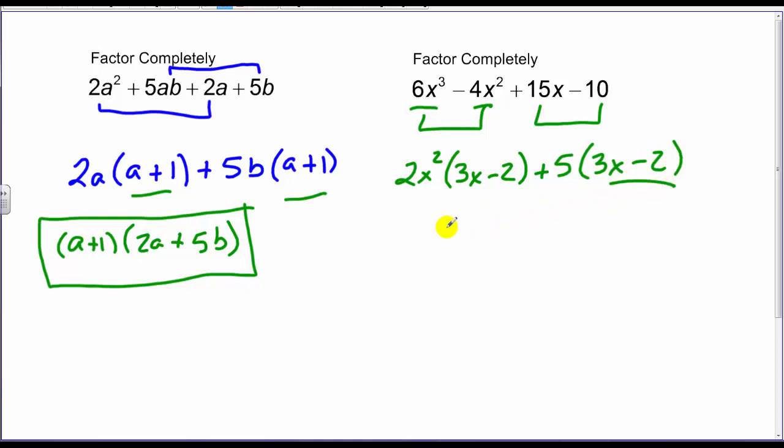And once again, you'll notice the 3x minus 2 is in common. And I'll pull that out as my GCF. And 3x minus 2 times what is 2x squared times 3x minus 2? That's just 2x squared. 3x minus 2 times what is 5 times 3x minus 2? That's just 5.